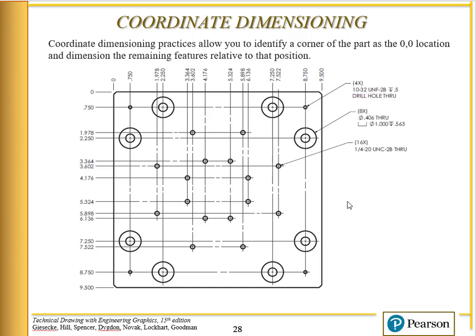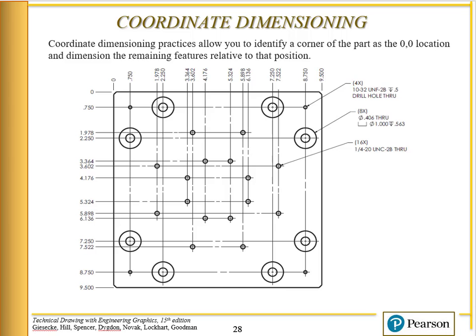These dimensions are the coordinates of where those features belong. You can imagine if you're programming an NC machine to do this, it would be pretty easy, because you look at these dimensions and coordinates, and that's how you program your machine tool.